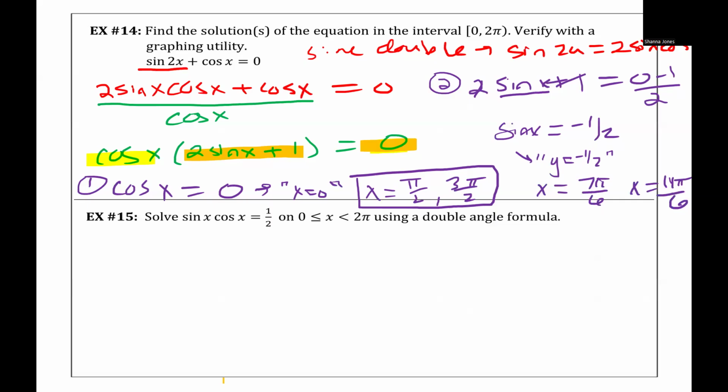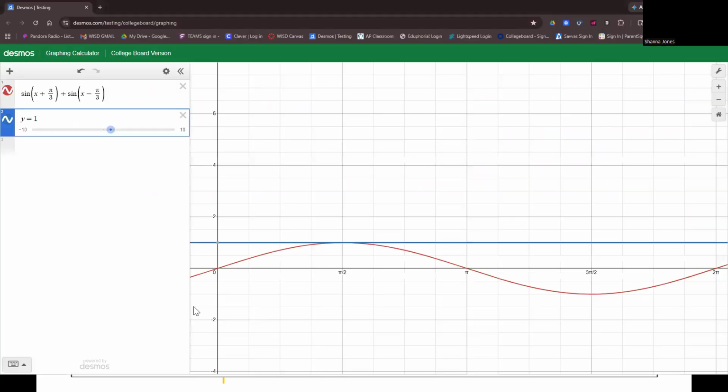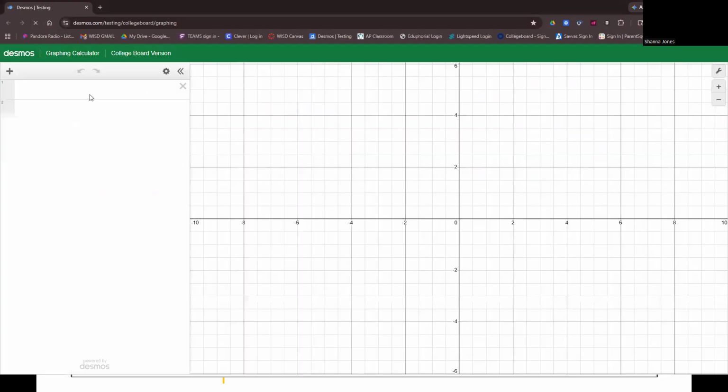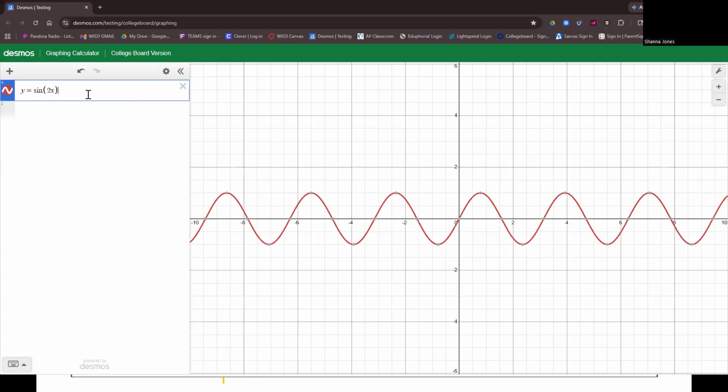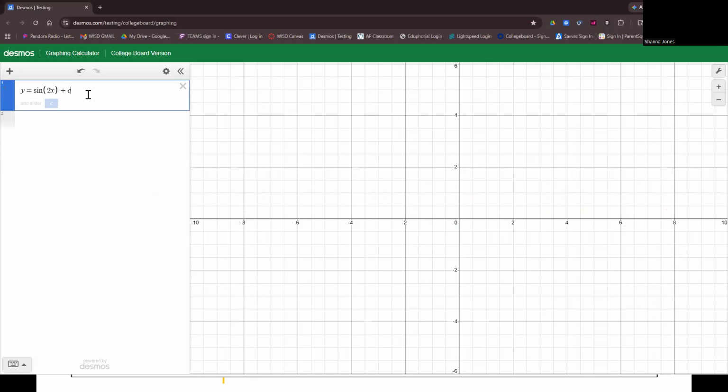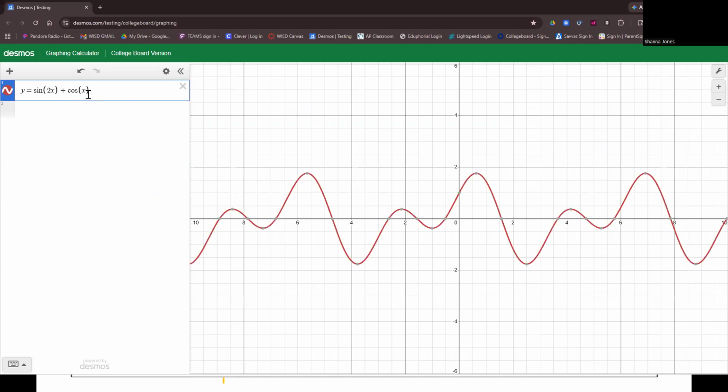All right, so let's go see how this works. Again, we're going to practice checking ourselves in the handy dandy calculator. So here it is. I'm going to reset this bad boy. I'm going to put in my original. So on the right side, we had y equals sine 2x plus cosine x. Helps if I write x.